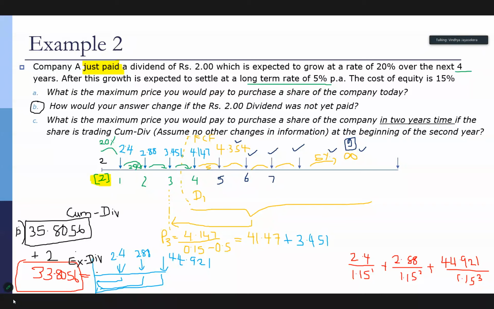But if I say cum div, that means I haven't received it to my hands yet, or I am not entitled to it. Remember, I don't really need to receive it to my hands. If you remember the sequencing we talked about in rights issues last time or the time before, we said there is an ex rights date. Doesn't mean that you get the share to your hands, but you are entitled to it. As soon as you become entitled to it, it's like you have got it.